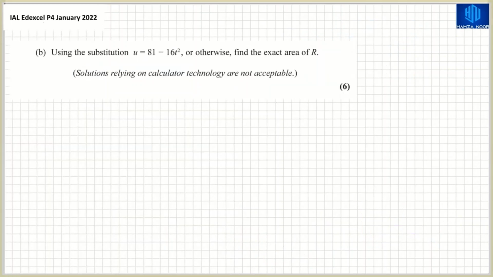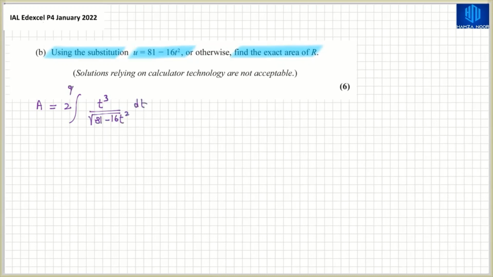The requirement of part B is: using the substitution u equals 81 minus 16t squared, or otherwise, find the exact area of R. As we have shown, in order to find the area, we need to integrate 2 multiplied by t cubed divided by the square root of 81 minus 16t squared with respect to t, with upper limit 9 over 4 and lower limit 0.